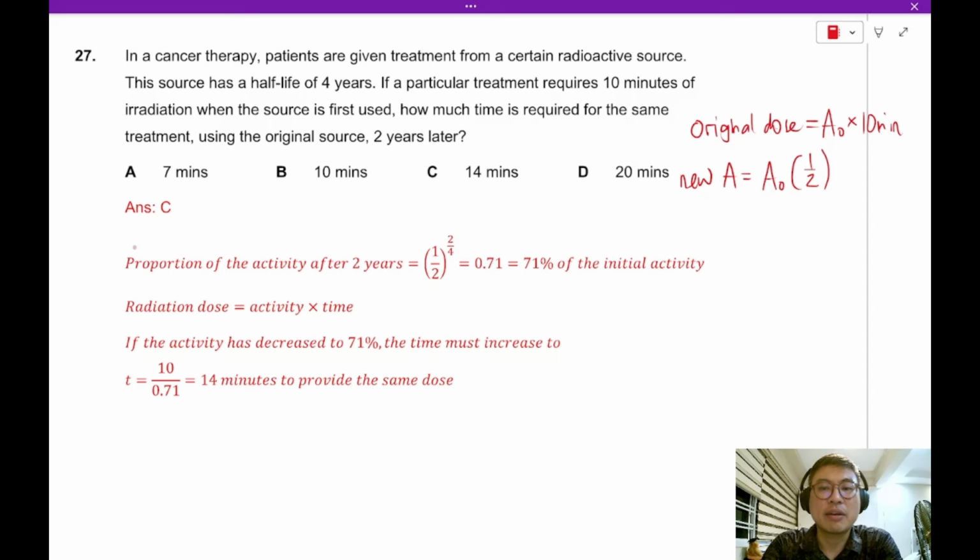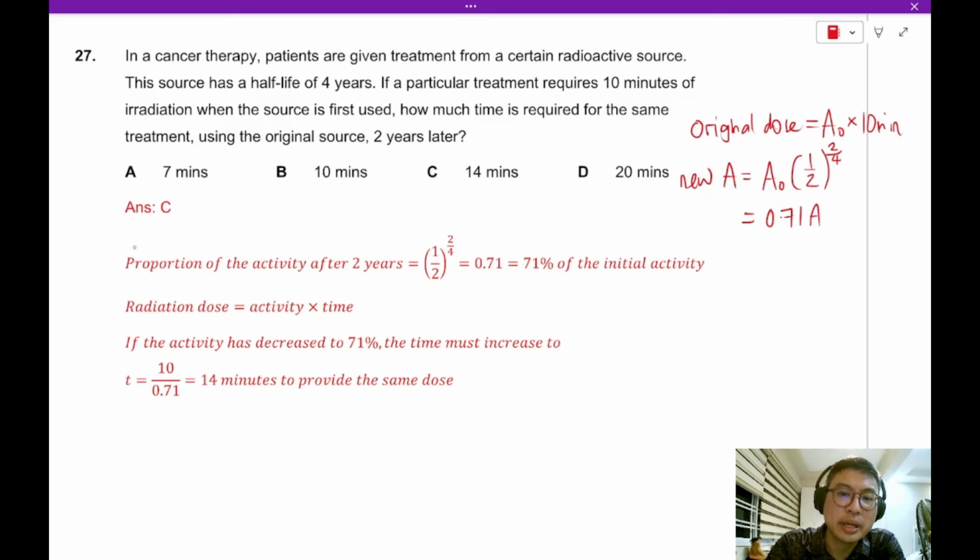Now, how many half-lives have passed? The answer is 2 over 4. Half a half-life has passed. What a funny thing to say. So the new activity level will be 0.71 A0, which means it's down to 71% of the original activity. Now, if the activity has decreased to 71%, then the time must increase to 14 minutes.